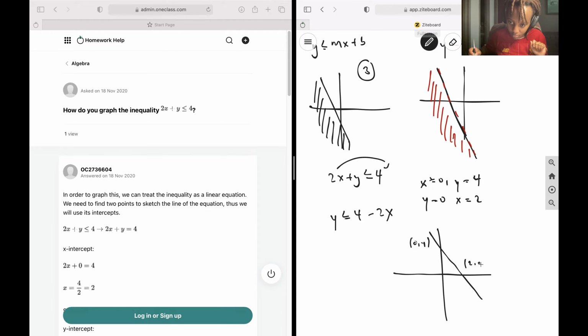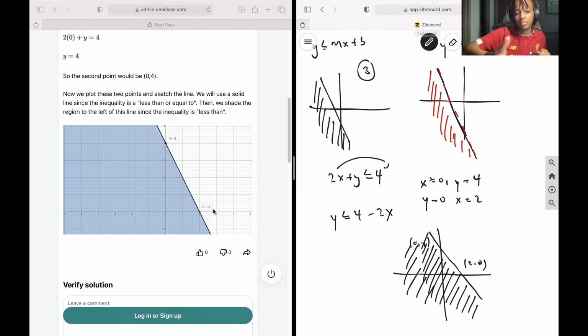And we know it would be all points below and including the line. So let's just shade that. And so on the graph, I'm not sure if he shows it here, you can just put it into Desmos and it'll show you the exact same thing. So it'd be all points in this 2D space that are below this line.